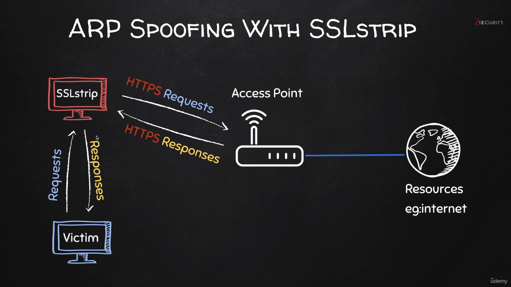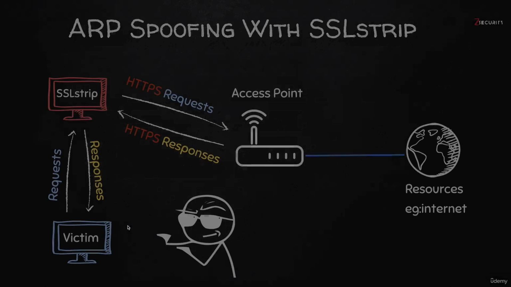So this is perfect for bbc.com, and for the victim, as far as they're concerned, they don't think bbc.com can communicate over HTTPS, because every time they send the HTTP request, they are getting an HTTP response. So they don't think that BBC can communicate over HTTPS, because if it can, then it'll respond to the victim saying, communicate with me over HTTPS.